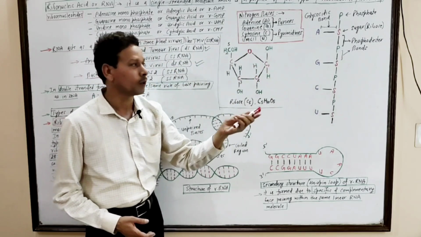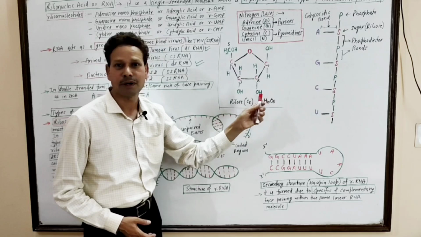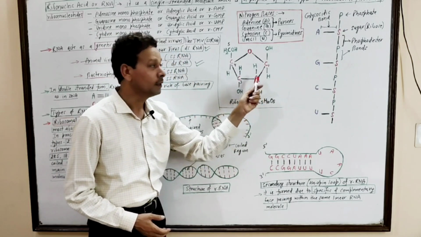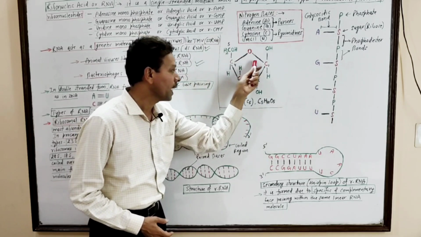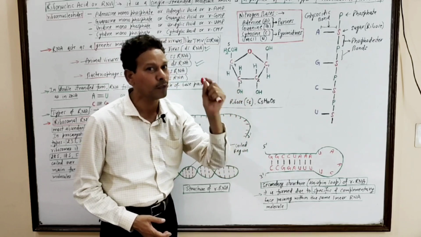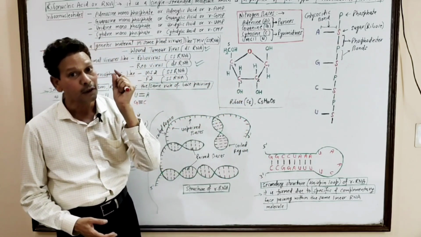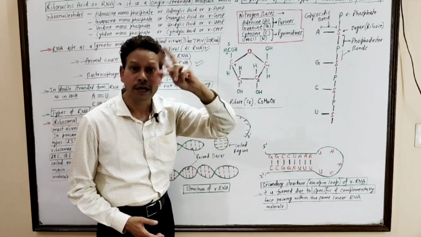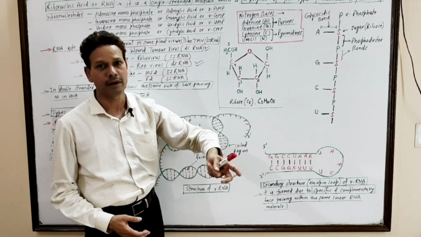In DNA sugar, both are H, H, but in ribose sugar, at the 2nd position, the 2 groups are H and OH. It means ribose sugar has 1 additional oxygen as compared to deoxyribose sugar, the DNA sugar.